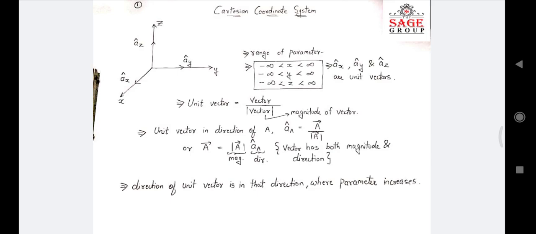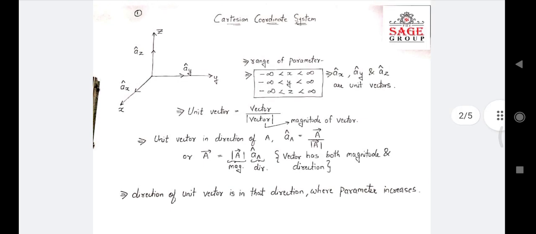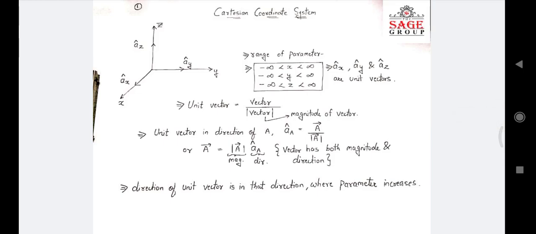All these axes have their own unit vectors which I have written over there: ax unit vector, ay unit vector and az unit vector for the axes x, y and z. The unit vector is generally shown by the cap which I have put over there, and on the right hand side I have mentioned the range of the parameters.